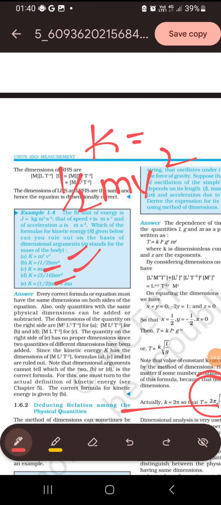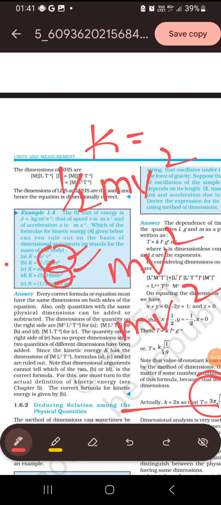It's not important to write all these things like hard work; you have to use your brain. See here, mv square: in dimensions we don't need to calculate the numbers, we just see the dimensions. So option B and D have the same dimensional formula, which is similar to kinetic energy. Yes, very good.